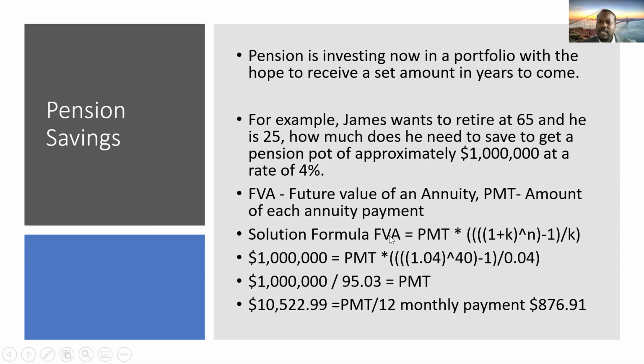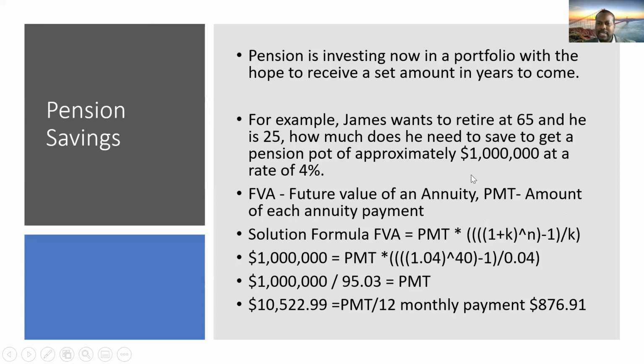The main principle here is that the future value of an annuity is equal to the payment, the present value somewhat of the annuity, times (1 plus k) raised to the n in brackets, minus 1, divided by k, which is the rate of return.